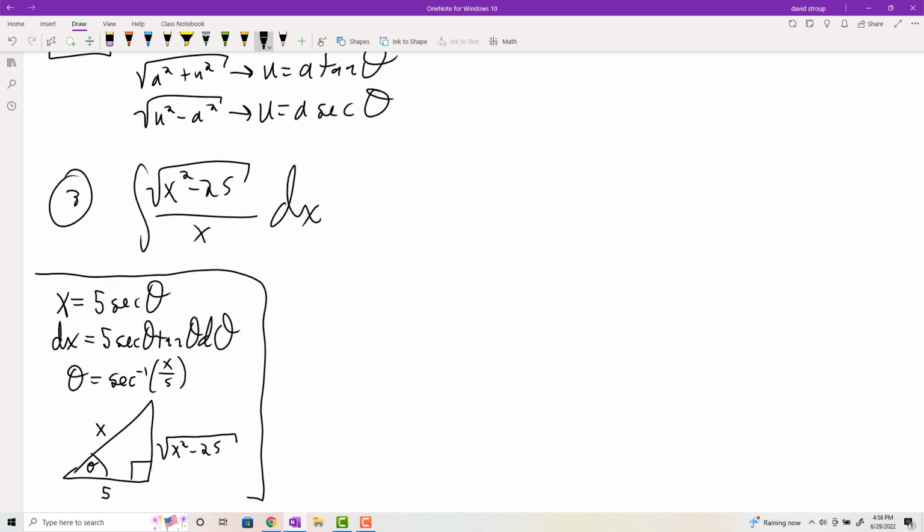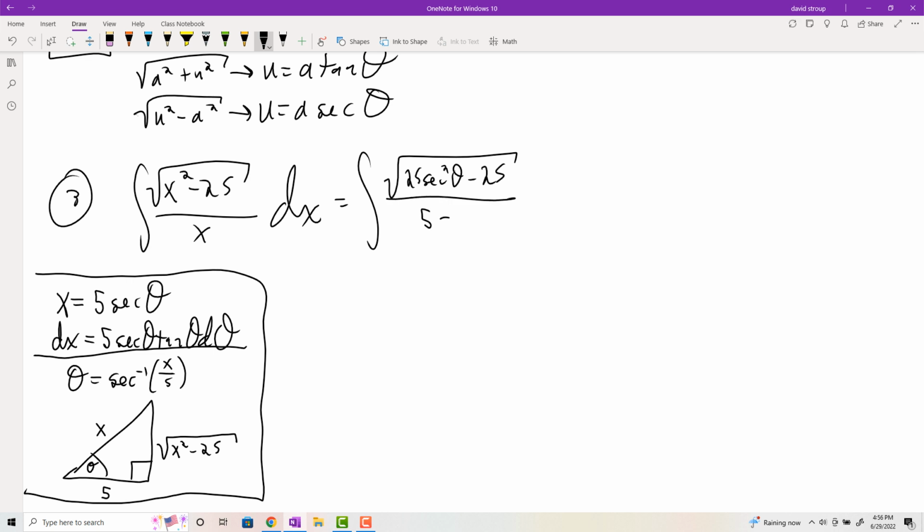And then you could start doing your substitutions. So you have the integral of the square root of x squared, which is 25 secant squared theta, minus 25, all over x, which is 5 secant theta, and then times dx, which is 5 secant theta tan theta d theta. Okay. This radical thing, you use Pythagorean identities to simplify it.